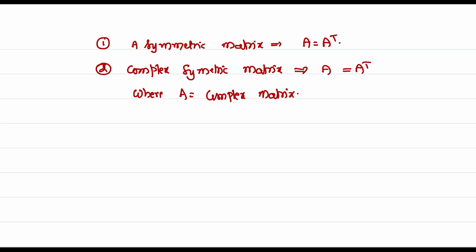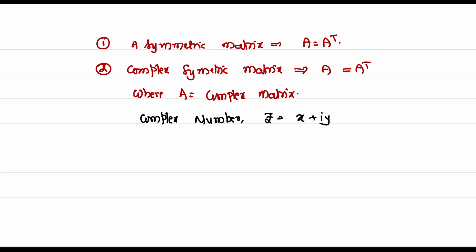Now, a complex matrix is there. What is a complex number? Complex number is in the form Z is equal to x plus iy. It is a complex number. And a matrix having complex numbers as its elements, at least one of the elements is a complex number, then it is a complex matrix.